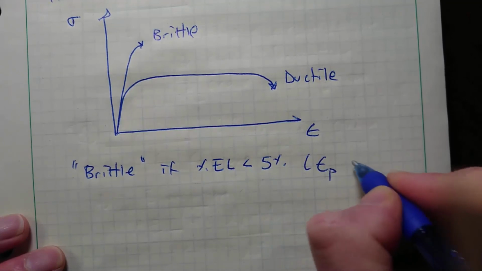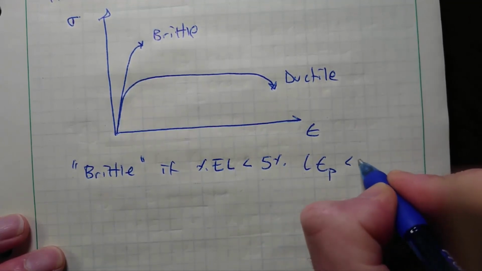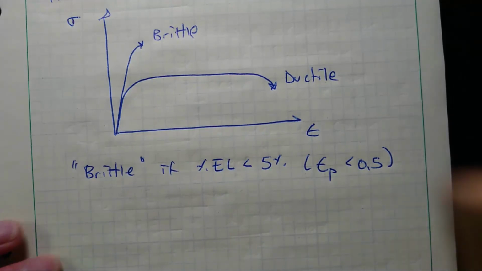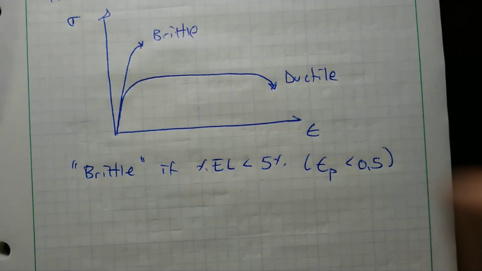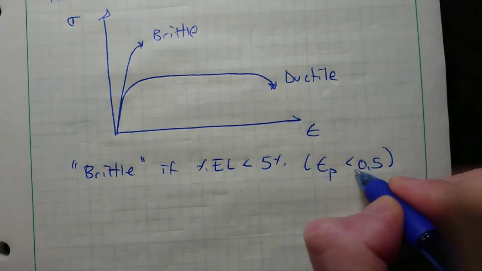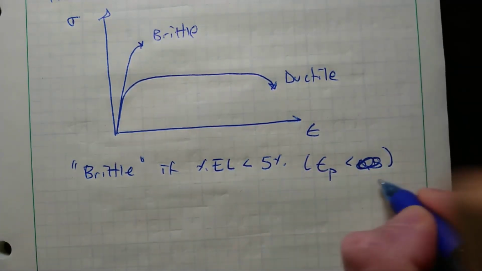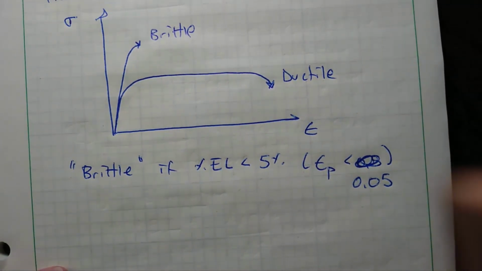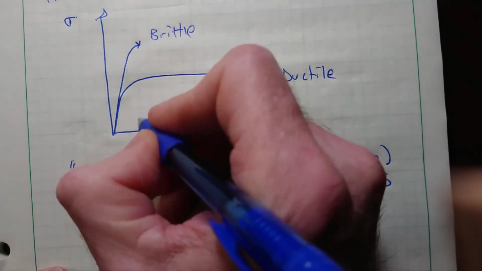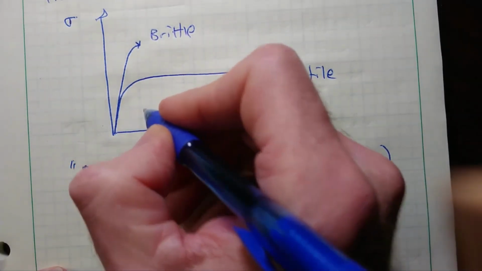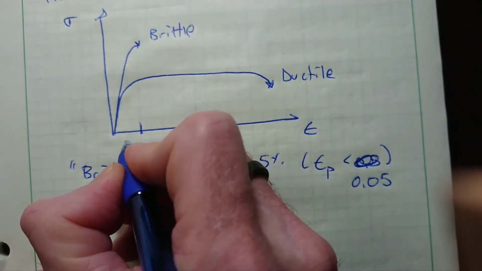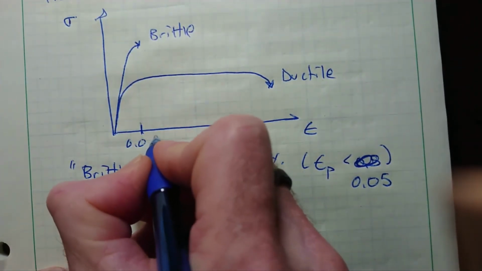That means that basically the plastic strain is less than 0.05. 5% is 0.05, right? Okay. So that's going to be somewhere around here, 0.05.